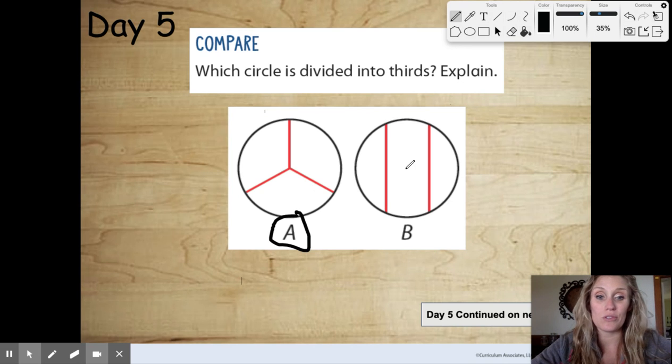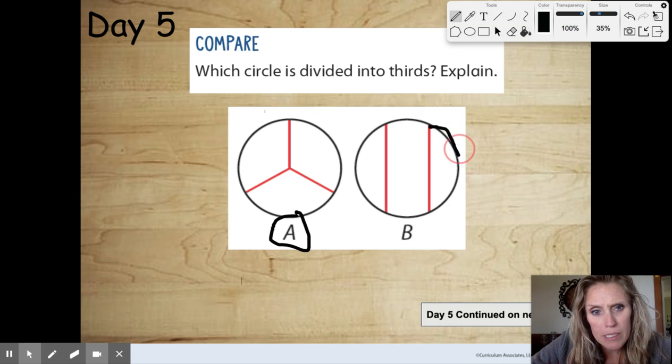Now, circle B is in 3 parts. 1, 2, 3. But I don't think they're equal parts. So you can compare that maybe I would choose circle A because it's equal thirds, because B, there's 3 parts, but it's not equal. If you see the side parts over here, I'm going to try to trace them the very best I can. So like this slice over here.